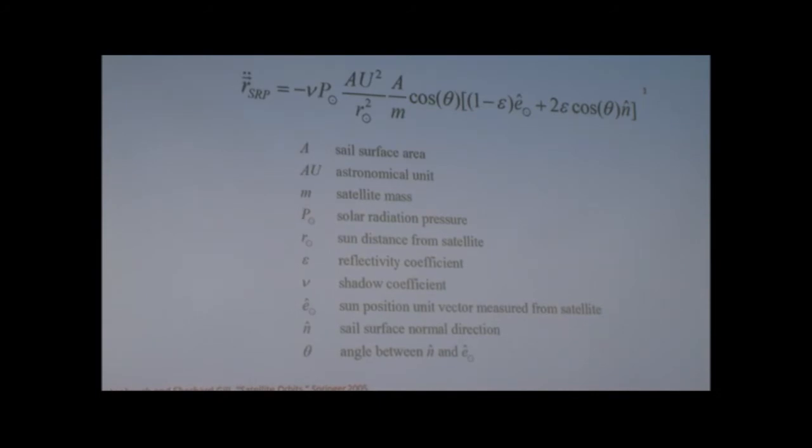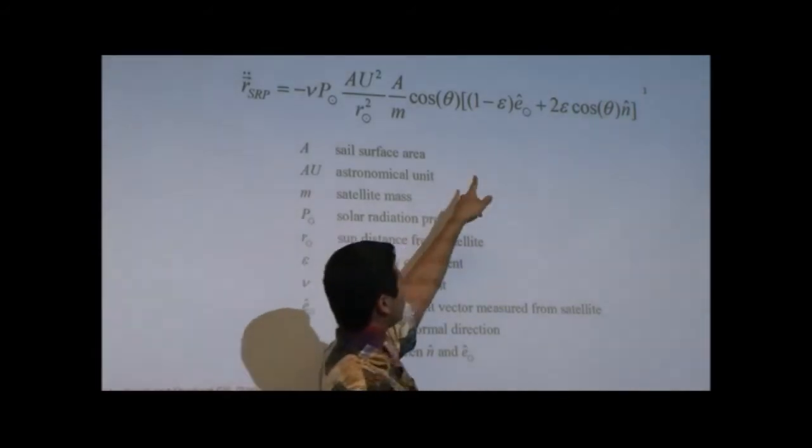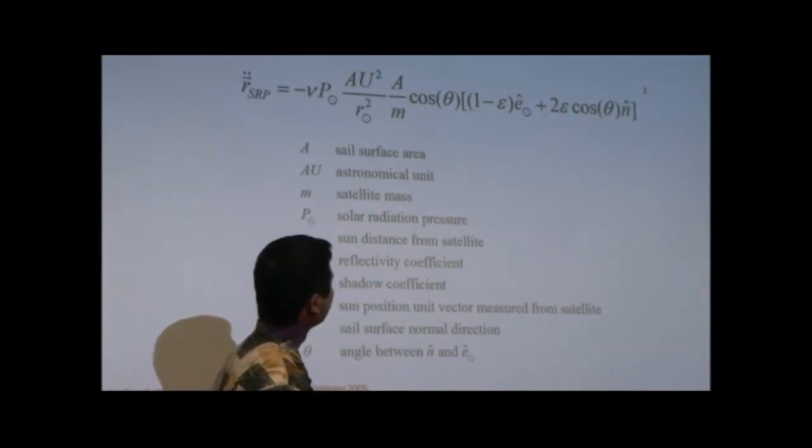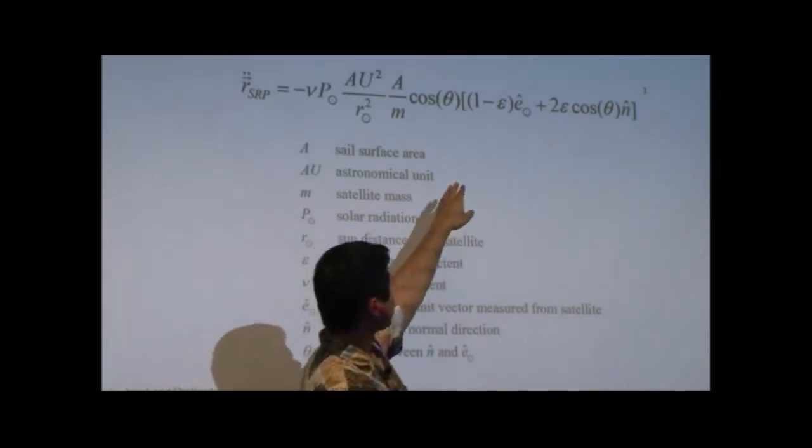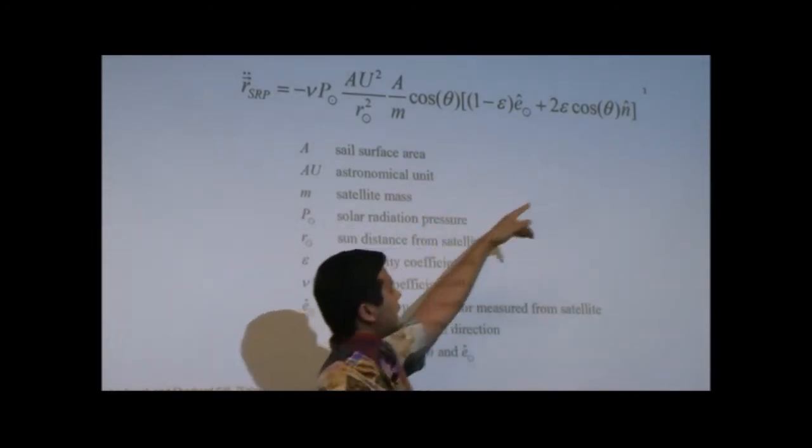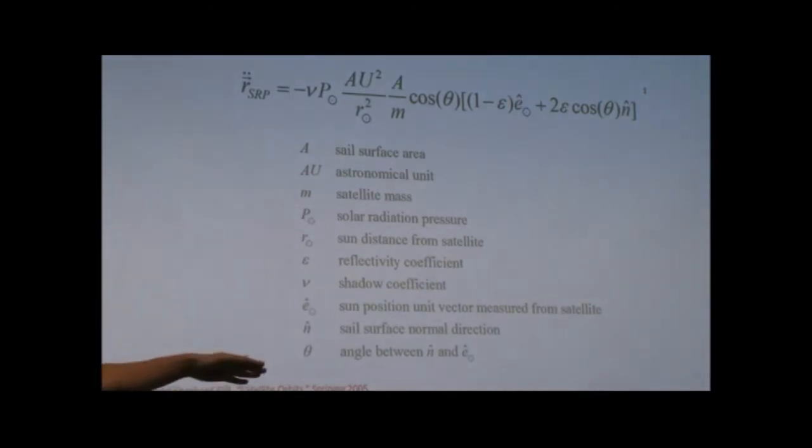And also the reflectivity we're calling epsilon here. If you'll notice this first term, if you have a fully reflective satellite, epsilon will be 1. So this term goes away. So all your dynamics are going in the n hat direction, or rather opposed to the n hat direction.